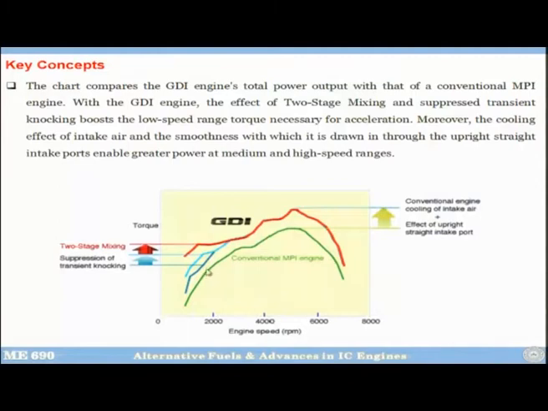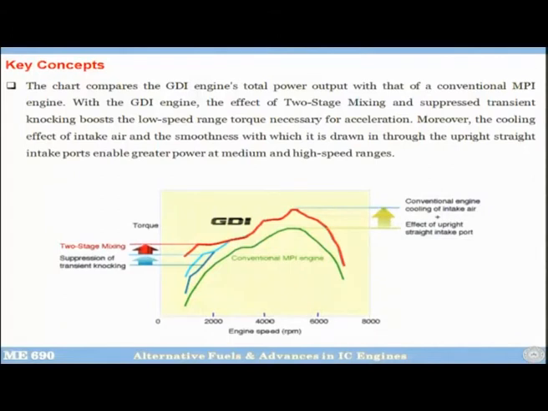Now you see what happens is that when you suppress the knocking, low speed torque increases from here to here, and then when you do two-stage mixing, you actually get here. So basically you see here at low speed there is a huge difference in torque, and the young guys are going to love it, because this gives you the feeling of power.